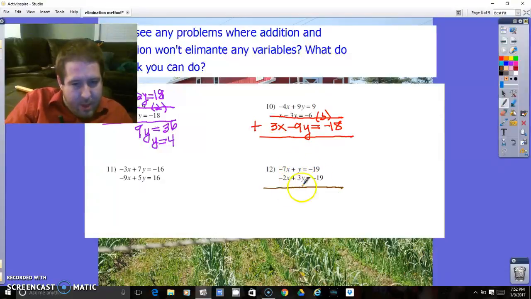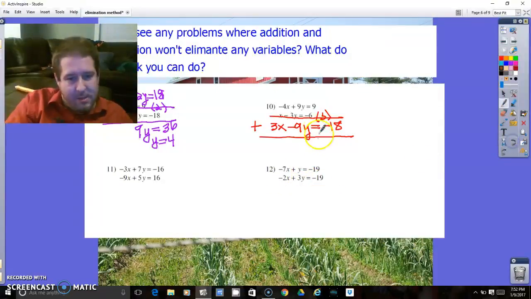So I look at this problem, and I notice that it's going to be pretty hard to make these both the same. I could make both the x's 14 by multiplying the top line by 2 and the bottom line by 7. You can do that, although that would be more work because then I have to multiply two things. So I'm going to simply multiply the top line by 3 because that one step is going to make the y's the same.